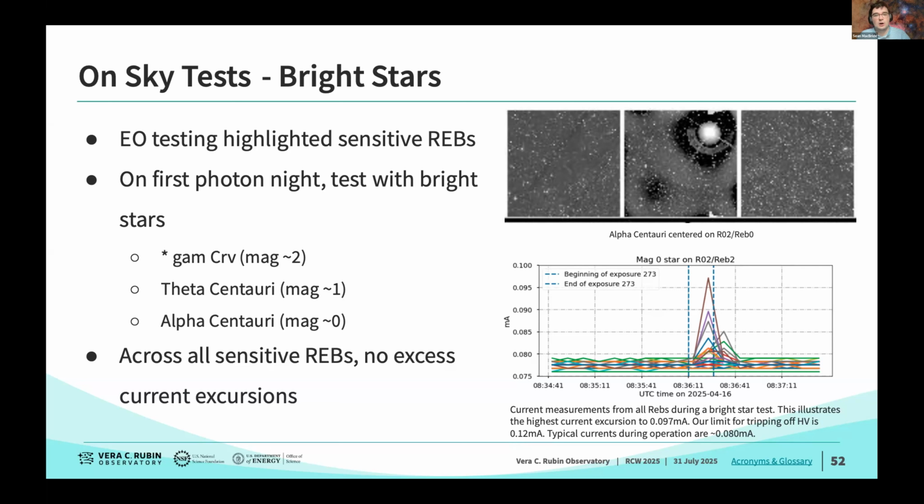Now that limit is about 120 microamps, and you can see in the bottom right plot, in one of our highest brightness exposures that we acquired on first photon night, we were still very clear of this limit. So we were able to establish that we were safe to observe, obviously not staring at the moon anytime soon, but we're not worried about bright stars causing any damage to the focal plane assembly at all. Next slide, please.